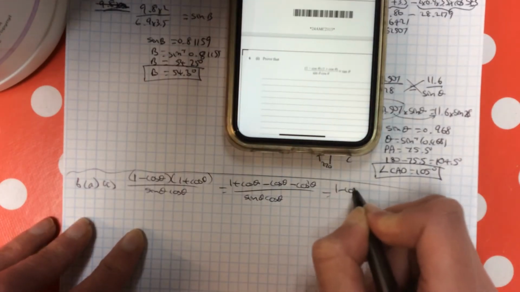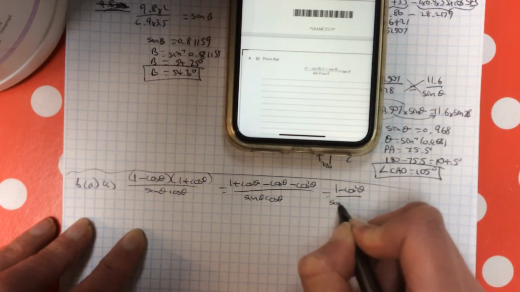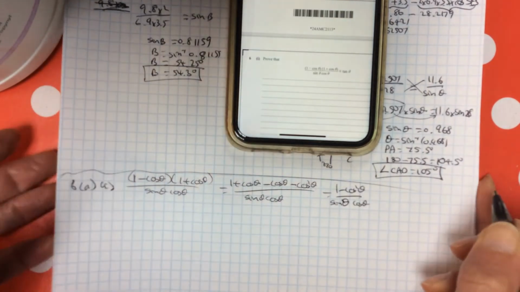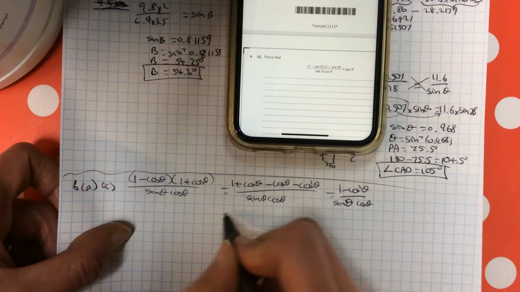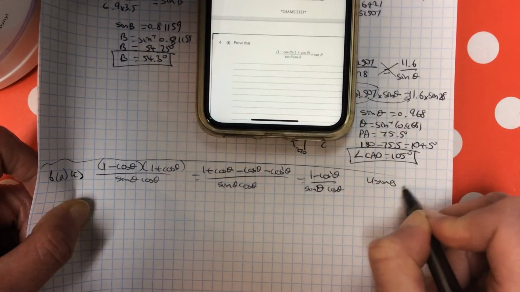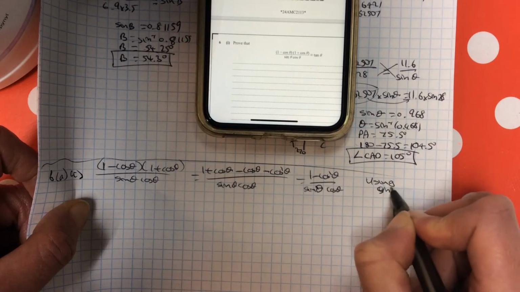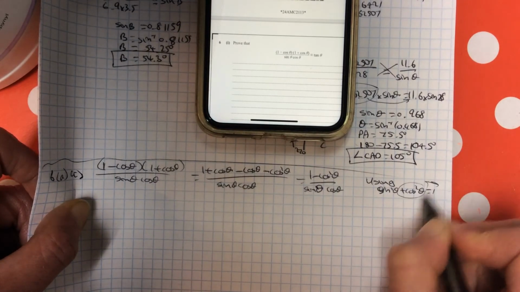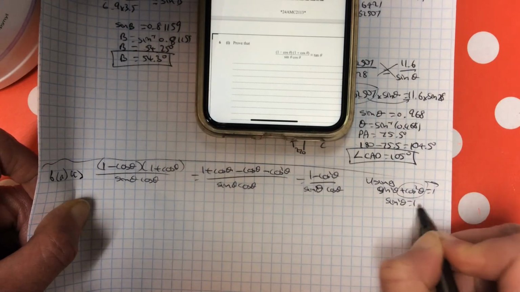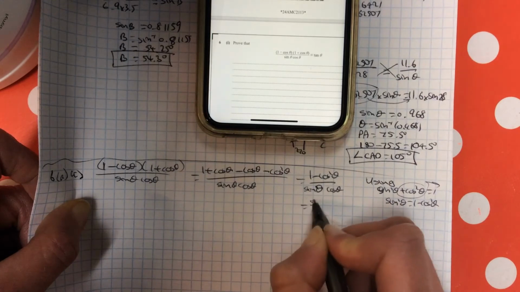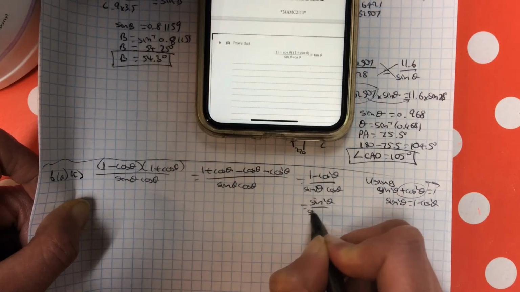That is 1 minus cos squared over sine theta cos theta. Now, one of the rules that we're going to be using in here is sine squared plus cos squared equals 1. I could rewrite that as sine squared equals 1 minus cos squared. So 1 minus cos squared is sine squared on that top row.